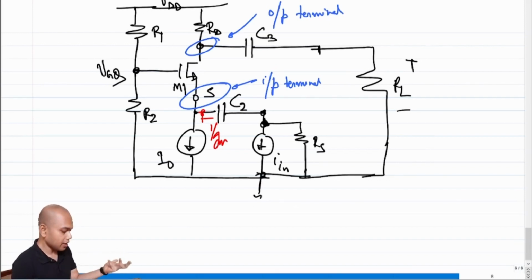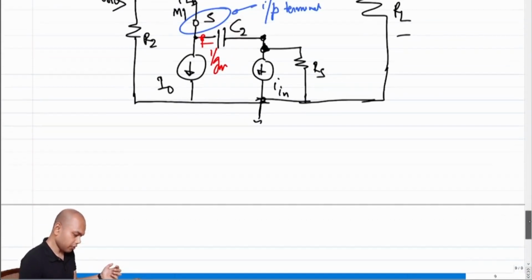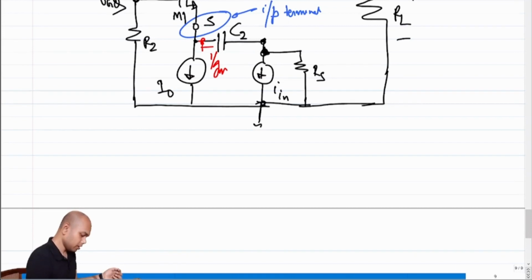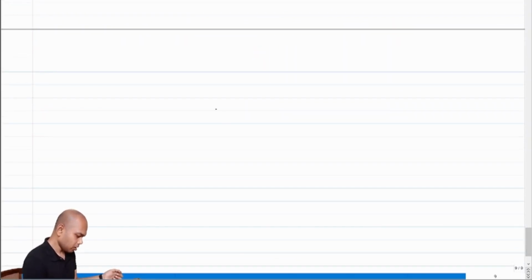Note that in the incremental model, if we have to sketch it out, this is what we will see. In the incremental model, the gate is connected via R1 parallel R2 to ground. This is VG.